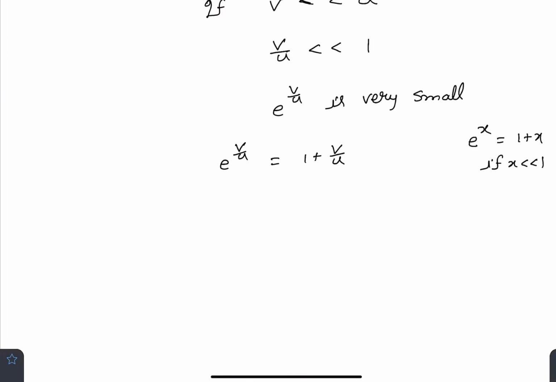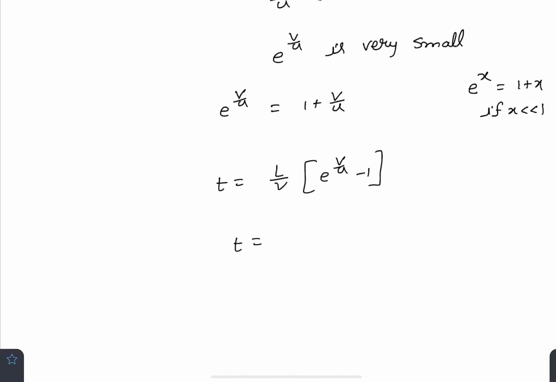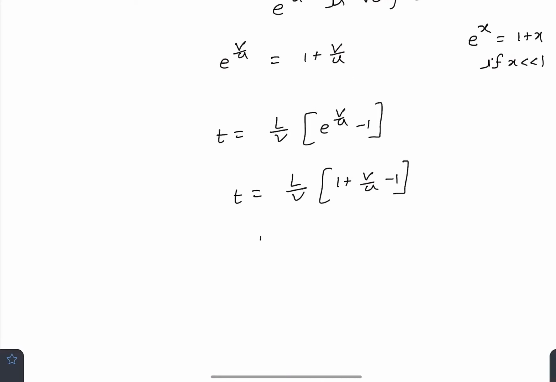and our time was L upon v times (e raised to v by u minus 1). So t would be L by v times (1 plus v by u minus 1). So t in this case is L upon u simply.